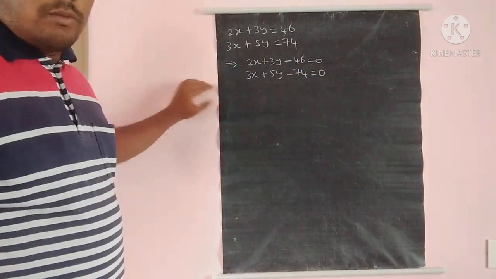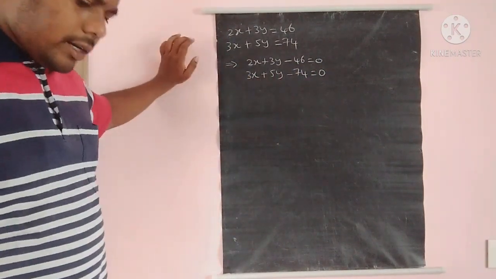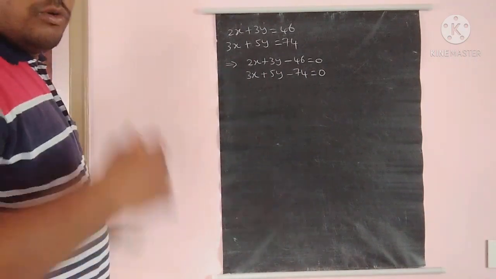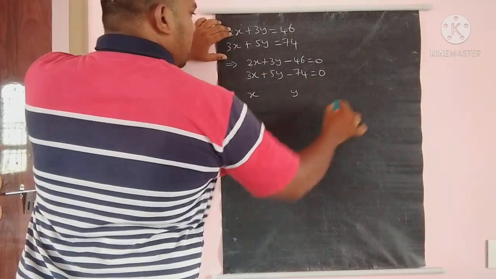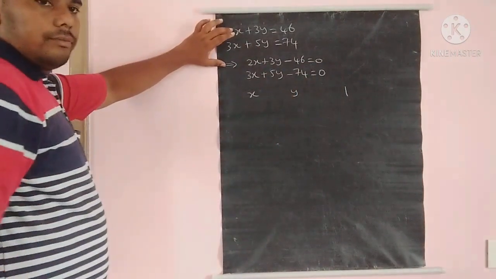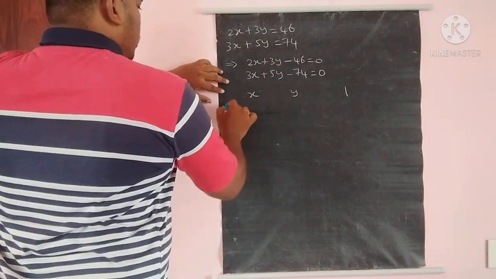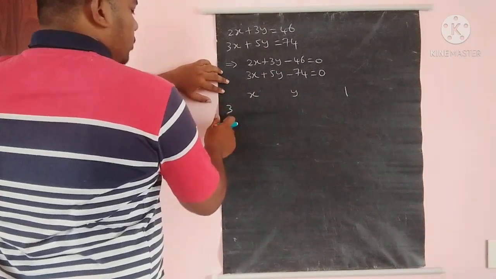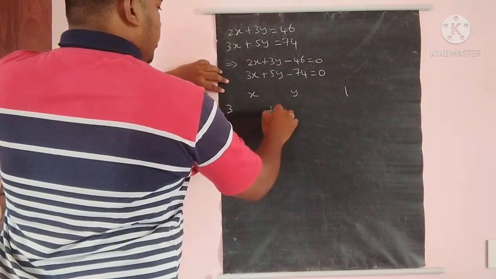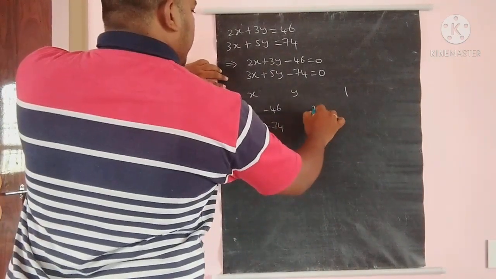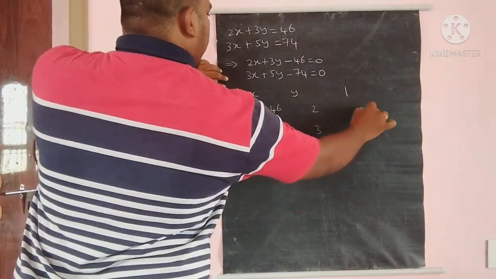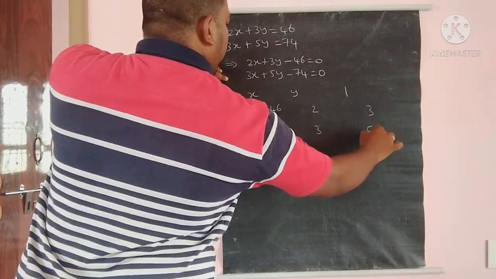Now if you remember the formula, you can directly take the x and y values and substitute. So we will practice. First x, y and 1. Write the y coefficients first: 3, 5, then minus 46, minus 74, then the x coefficients and again y.